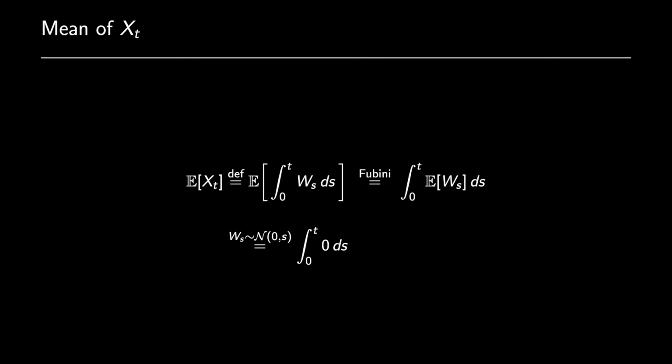Now we remember that for each fixed time s, the random variable W_s is normally distributed with mean 0 and variance s. Since the mean is 0, the expectation of W(s) is equal to 0. So, it leads to the integral from 0 to t of 0 ds, which is equal to 0. We conclude that the expectation of X_t is equal to 0.